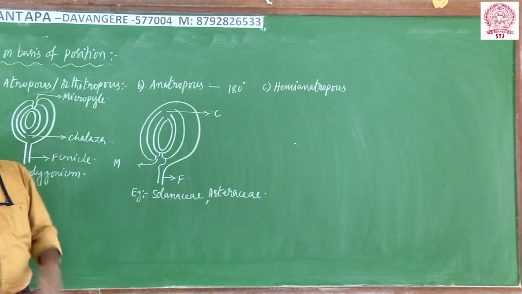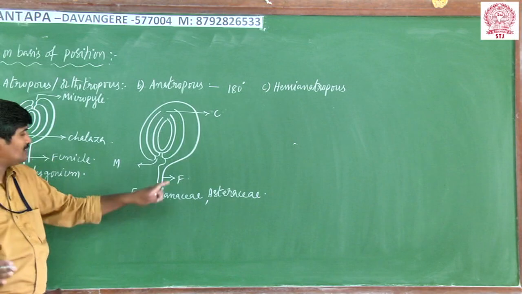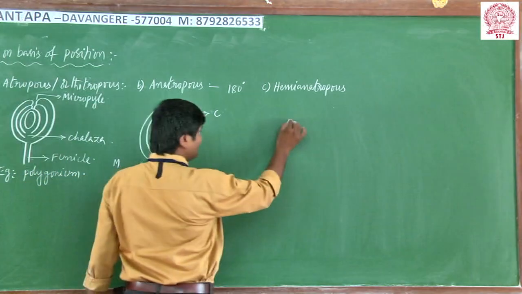Here, hemi-anatropous ovule: the ovule body is at a right angle to the funicle.